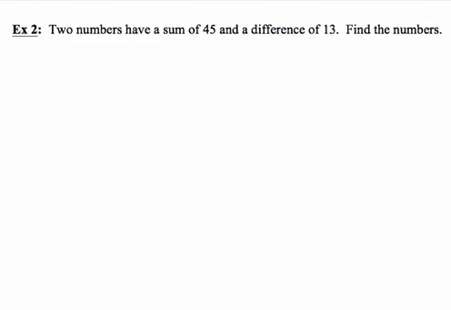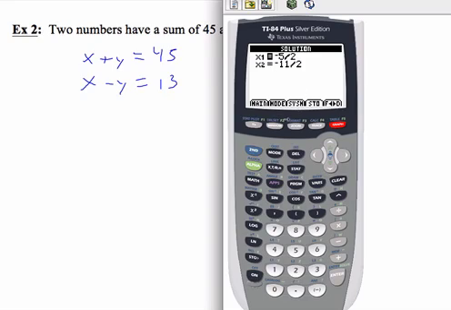I'm going to do a couple word problems now. We have two numbers have a sum of 45 and a difference of 13. So we can actually set up a set of simultaneous equations and solve it. If they have a sum of 45, you can say x plus y equals 45, and you can say x minus y equals 13. So again, we'll go to our GDC.